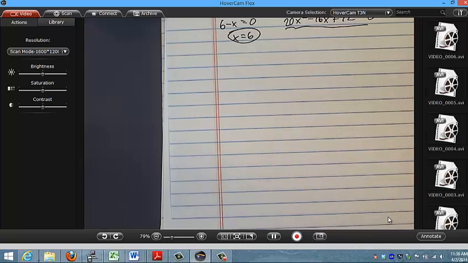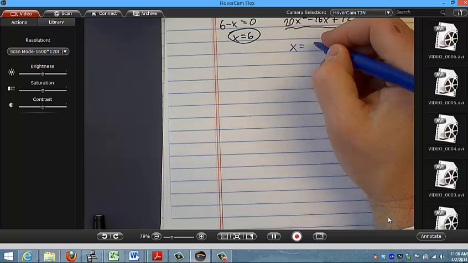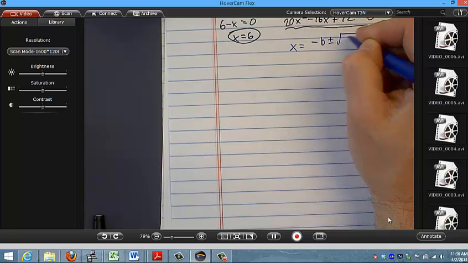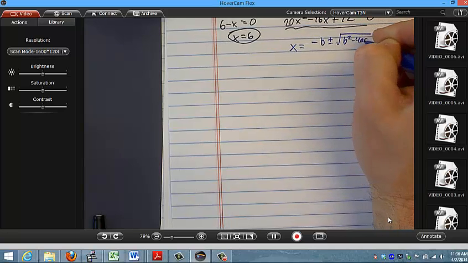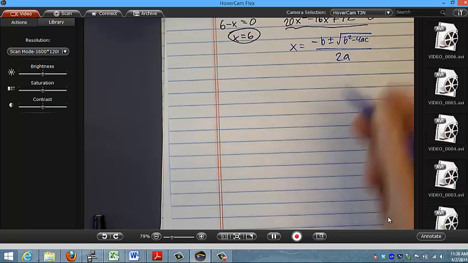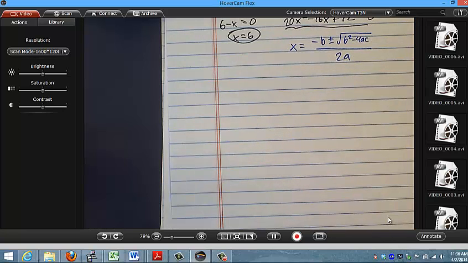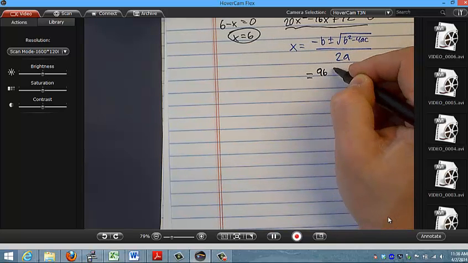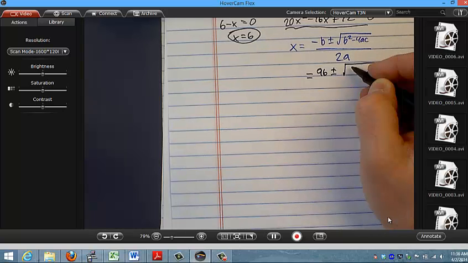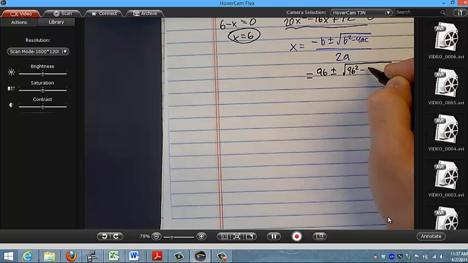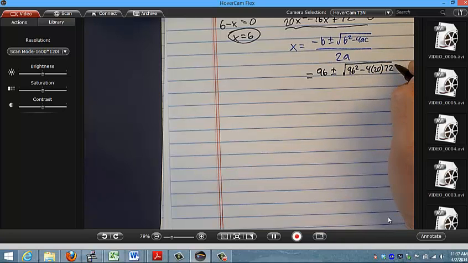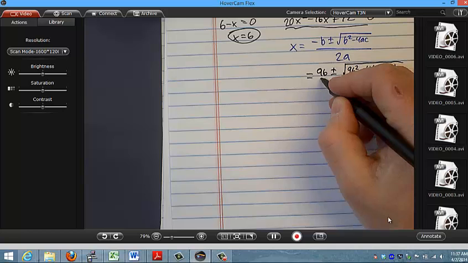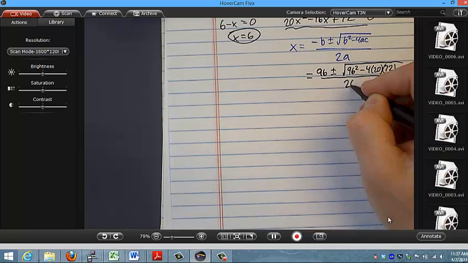So if I go x equals negative b plus or minus the square root of b squared minus 4ac all over 2a, I get 96 plus or minus the square root of 96 squared minus 4 times 20 times 72. Wow. All over 2 times 20.